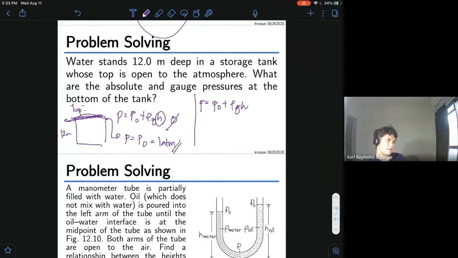Yan, di ba? H equals 12. So, 1 atm plus rho GH. Ano yung density ng water? 1,000 kilograms per meter cube times 9.8 times 12.